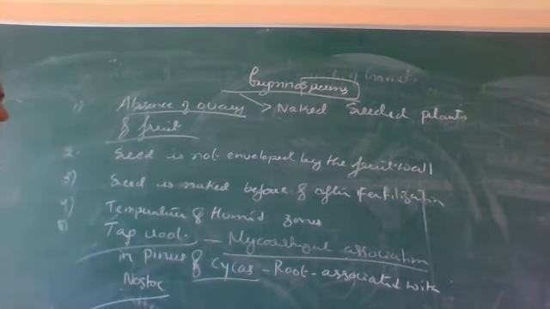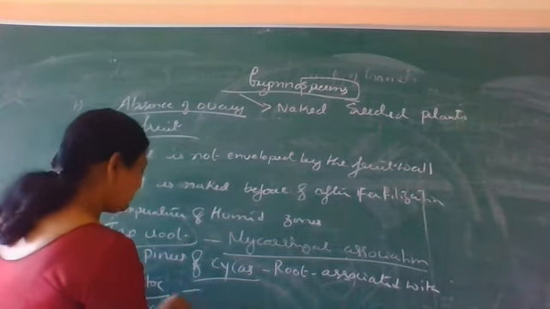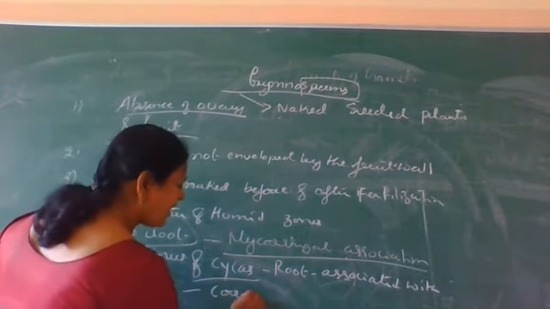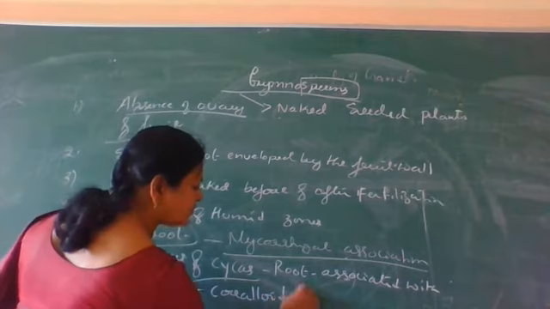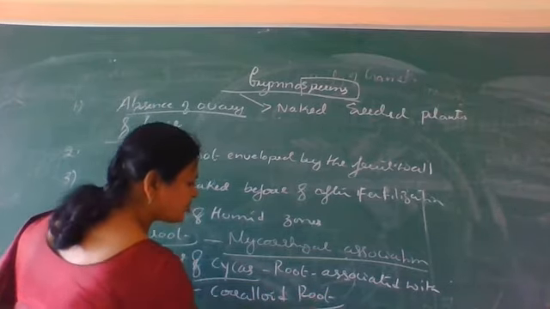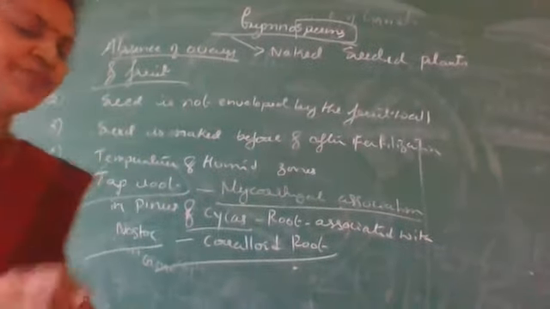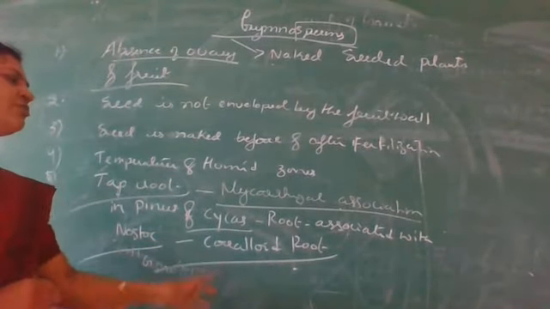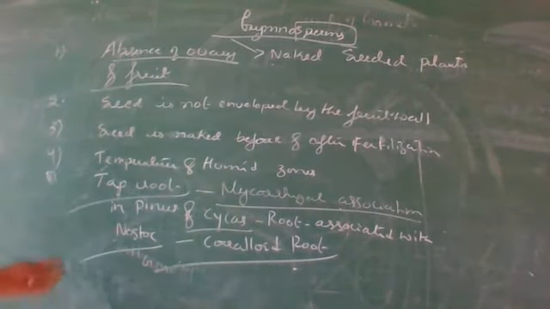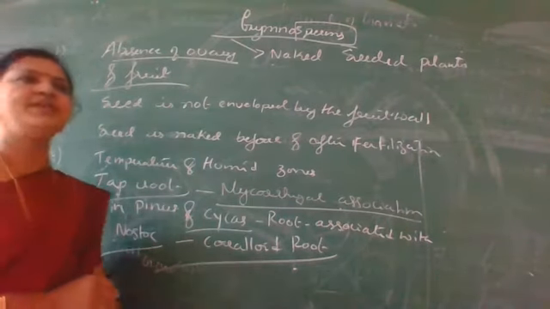Hence these roots are called coralloid roots, associated with Nostoc to form coralloid roots. This is a very important question for CET as well as for NEET. So coralloid roots are the characteristic feature of Cycas that shows a symbiotic association.